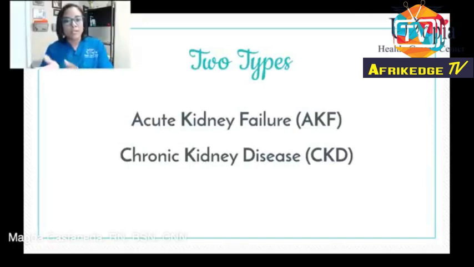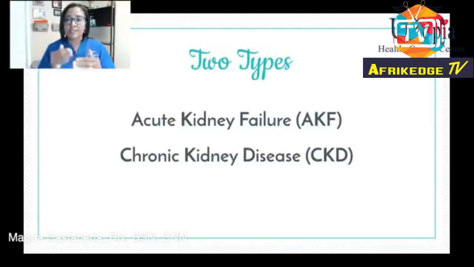Acute kidney failure could be due to an accident, trauma, or a person that had a drug overdose, medicine, stuff like that. In acute kidney failure, it could be reversible, so the person could have kidney function again. Now, chronic kidney disease is a slow loss of nephrons, of the kidney cells.